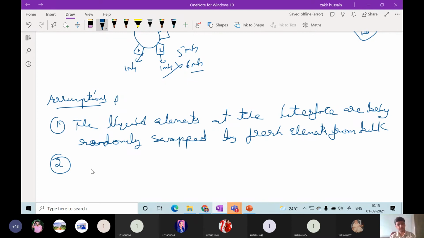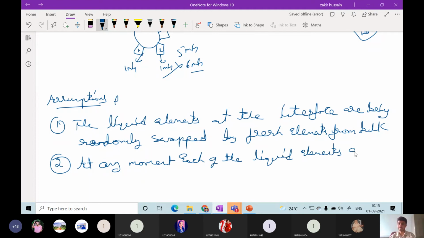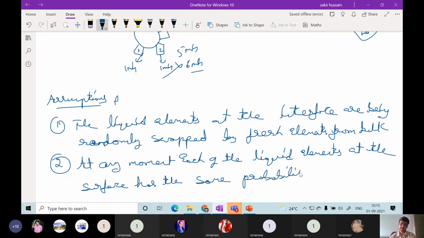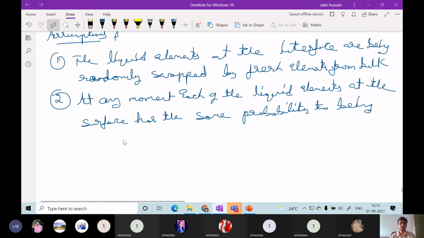Then second, at any moment, each of the liquid elements at the surface has the same probability of being substituted by a fresh element. Every element will have the same probability.